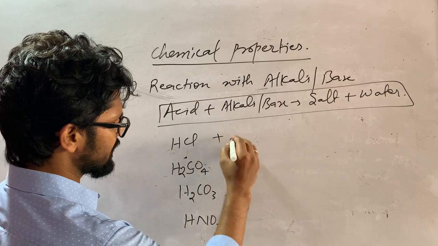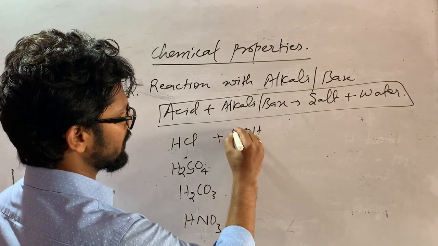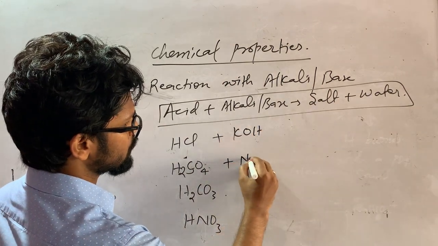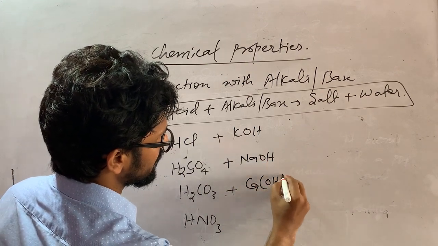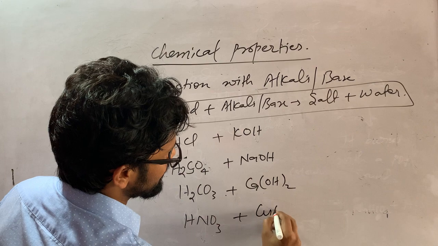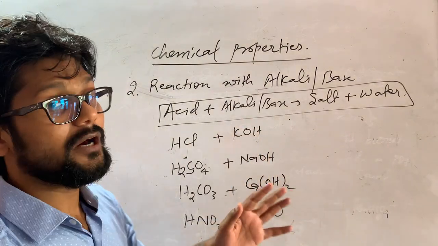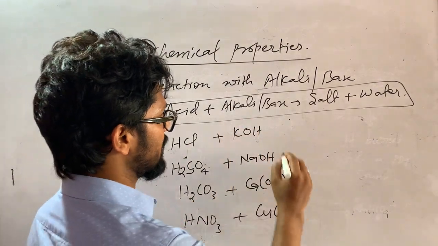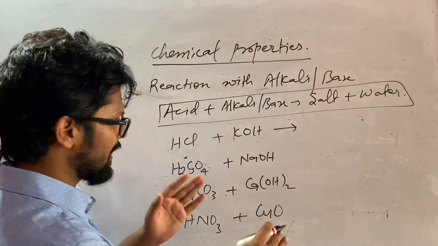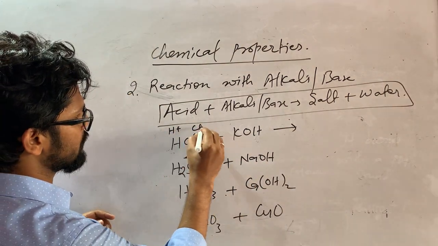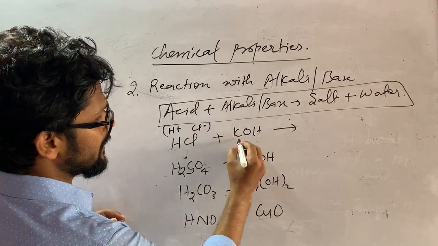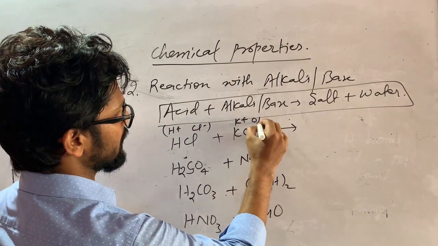Okay, take examples. You are very familiar with potassium hydroxide, sodium hydroxide, calcium hydroxide, copper oxide. These all are alkali or bases. So only one I'll explain and the rest you have to practice. Again the same method, break into ions. It will break into H plus, Cl minus, K plus and OH minus.